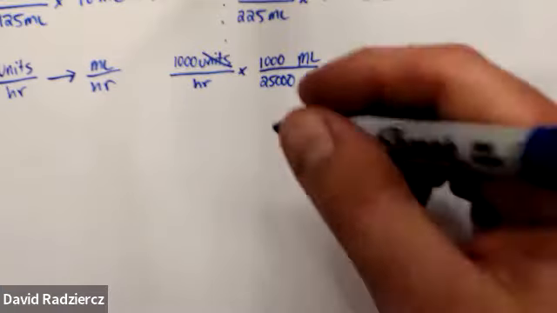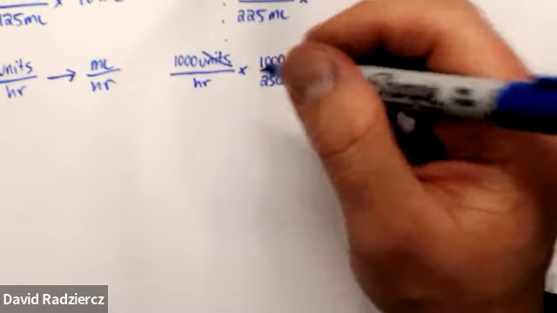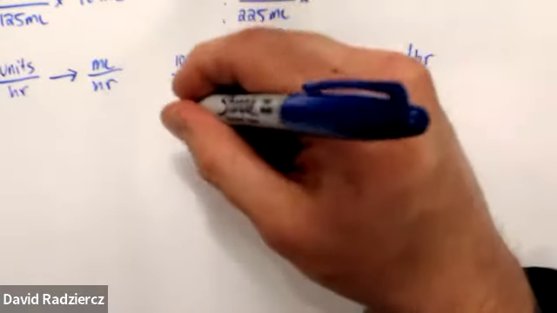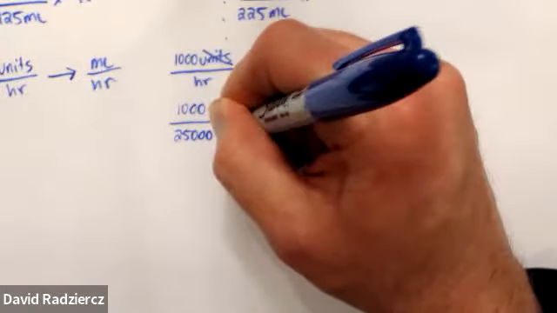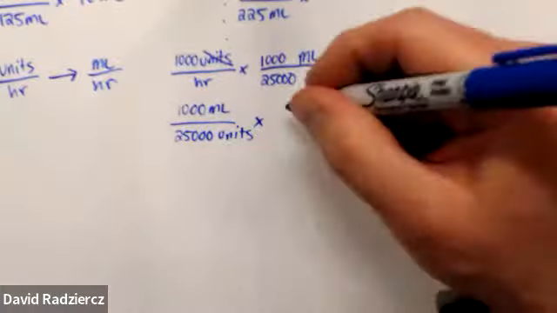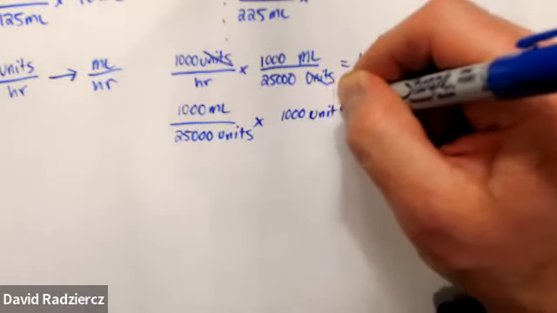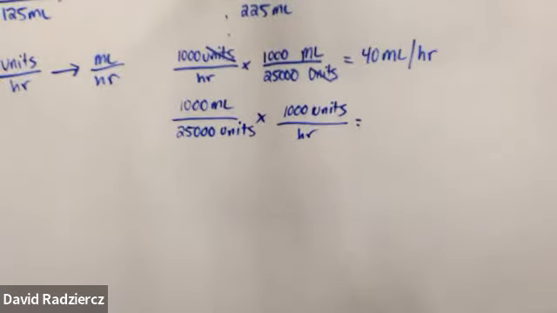Alternatively, you can switch this up. Because you're looking for milliliters per hour, you can start with the 1,000 milliliters in the 25,000 units and then just multiply by the flow rate. Either way, you're going to get to the same answer.